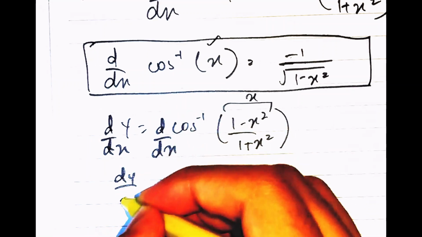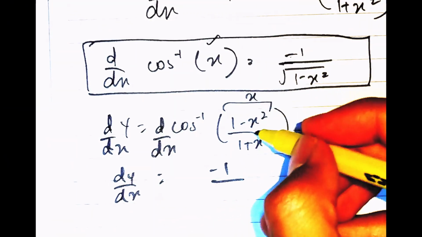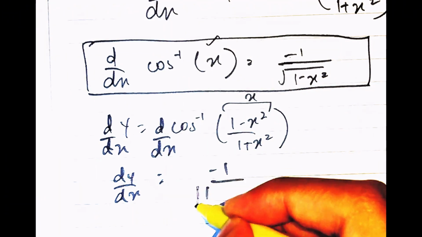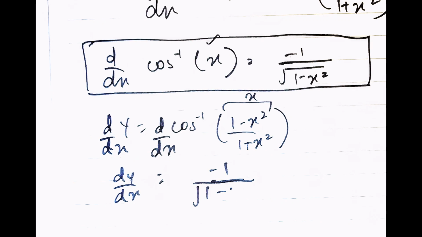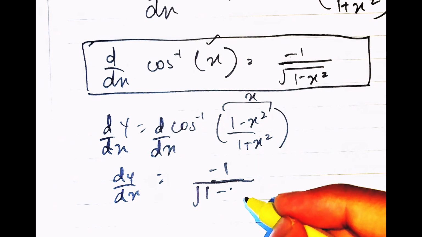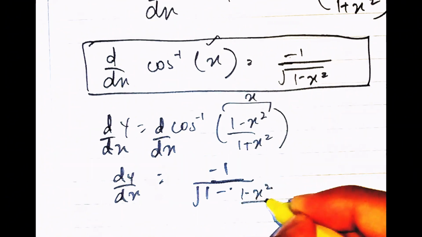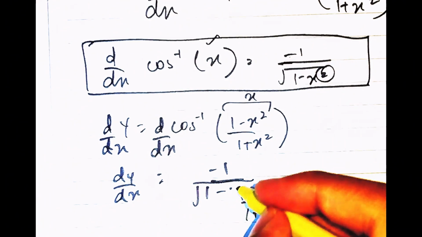we are left with dy by dx would be equal to minus 1, okay, because this is the actual result. If I'm considering this as x, then we have 1 over square root of 1 minus, instead of writing x for our condition, the value of x is 1 minus x squared divided by 1 plus x squared. So I will write (1 minus x squared divided by 1 plus x squared) and the whole square from the original formula.